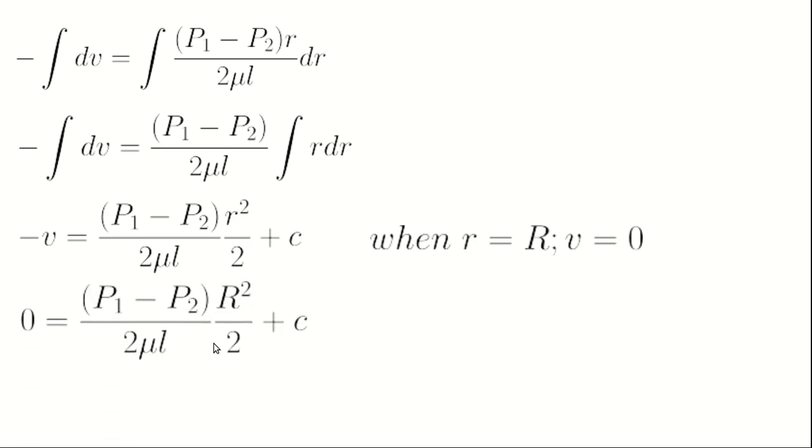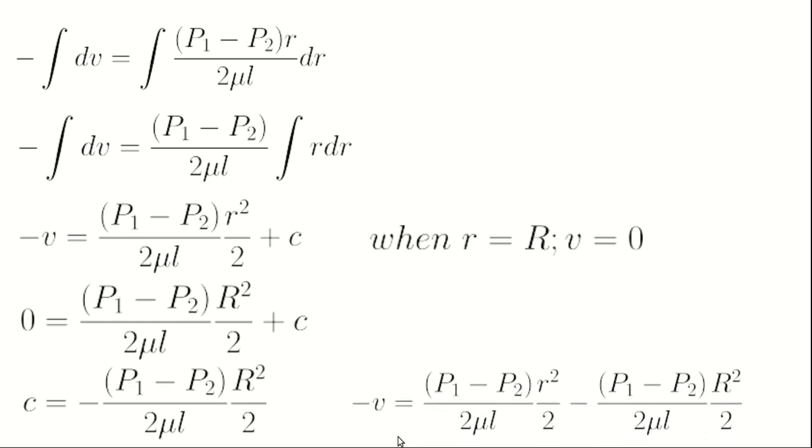So C will now be equal to minus of this expression, and that gives us this, which can be recast in this form. Since we now know that our C is everything here, we can substitute this C back into this expression.